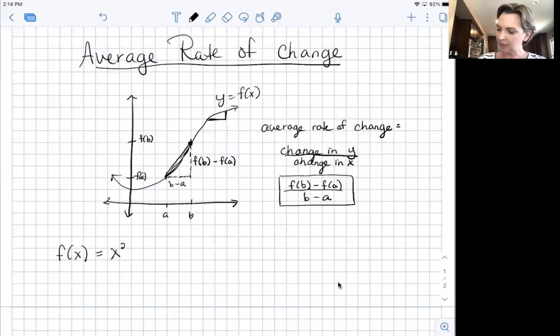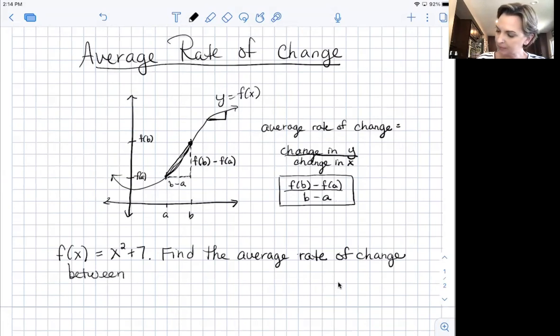Let's say it's x squared plus 7, and we're asked to find the average rate of change between the points x equals 2 and x equals 7.